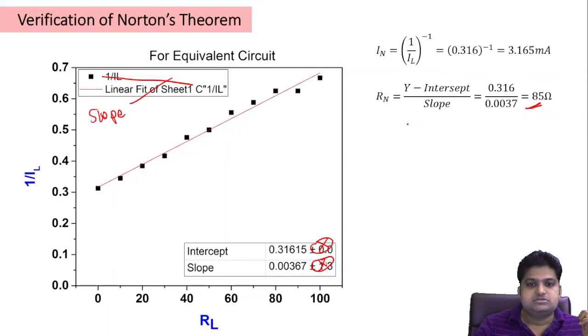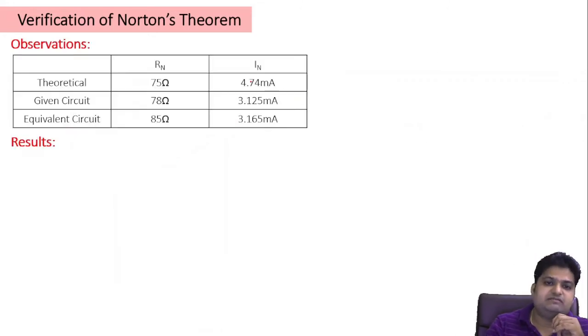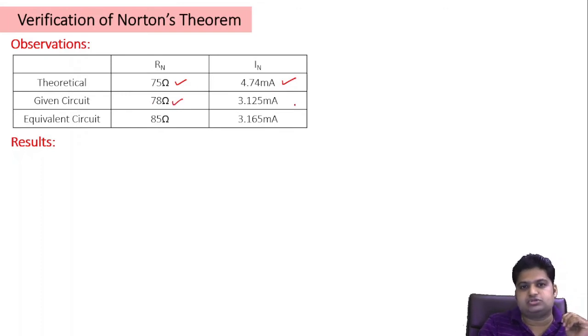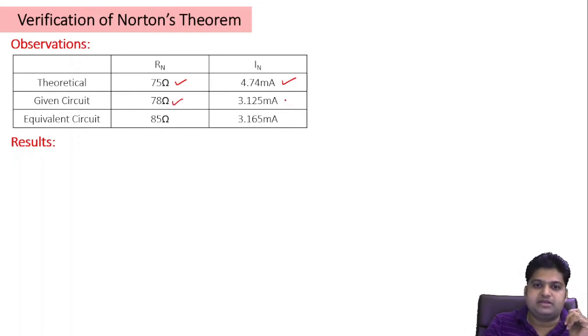Fine. So if I just compare the results, from calculation we got 75 ohms and the Norton current was 4.74 milliamperes. From the given circuit, it was 78, very close to 75, and the current on the lower side, 3.125.